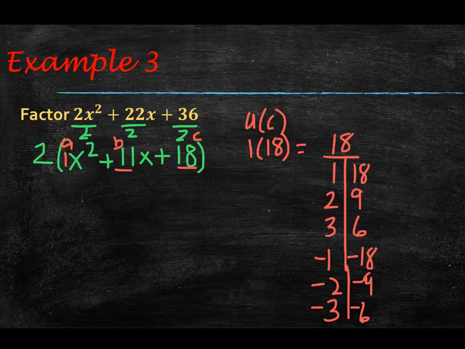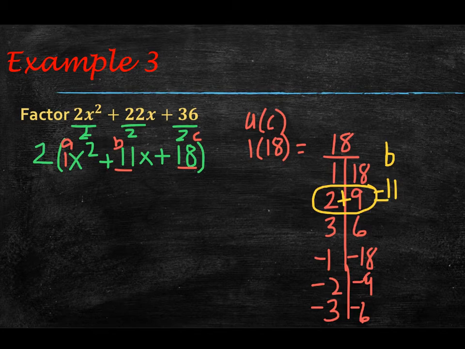We're looking for the one that adds up to 11. So we want it to add up. B is our 11. And so if you look at this pair right here, 2 plus 9 does in fact equal 11. So that's what we're going to use.